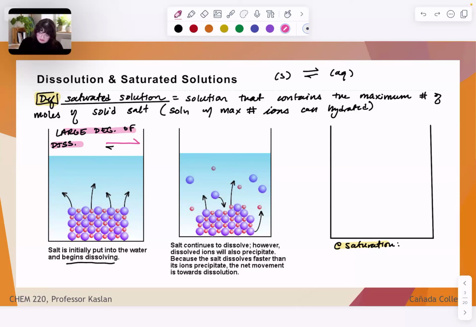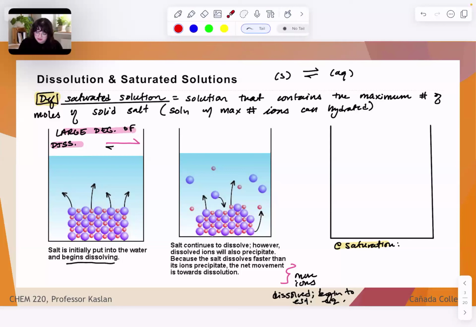We see more ions dissolved, and then we begin to establish an equilibrium. So we undergo some change to get to equilibrium.